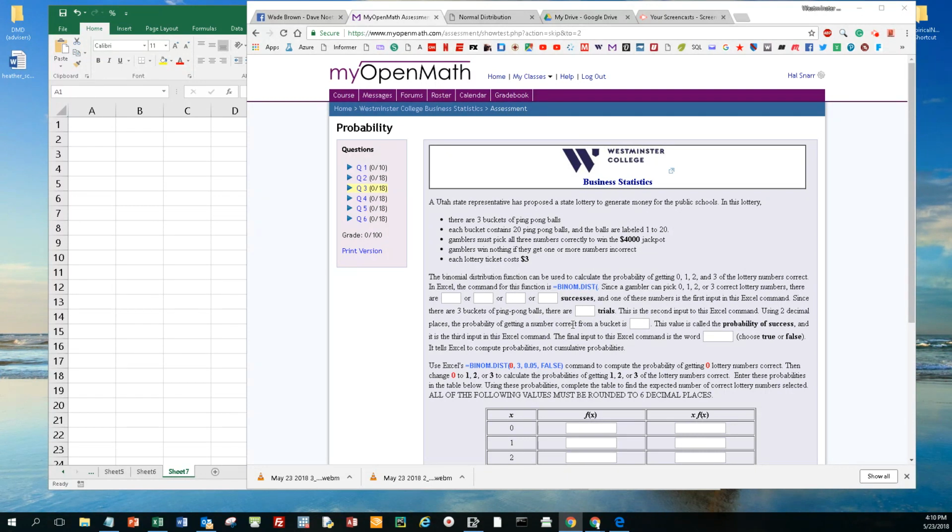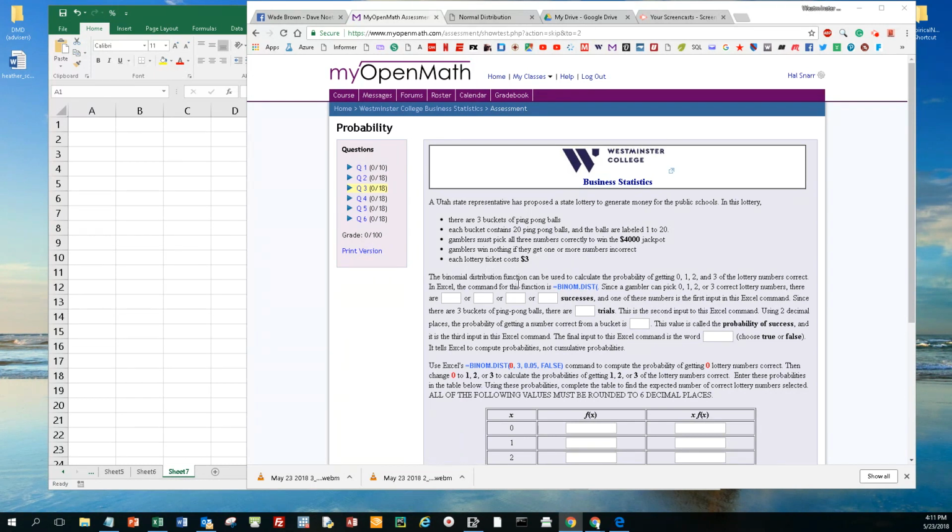Each bucket contains 20 ping pong balls, and the balls are all labeled 1 to 20. Gamblers must pick all 3 numbers correctly to win the $4,000 jackpot. Gamblers win nothing if they get one or more of the numbers incorrect. Each lottery ticket costs $3.